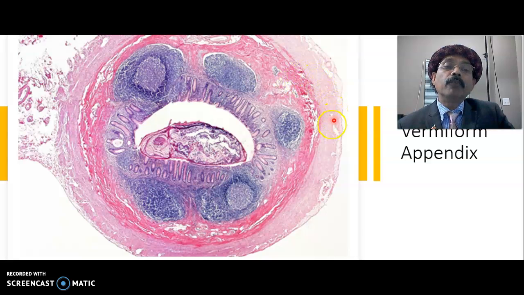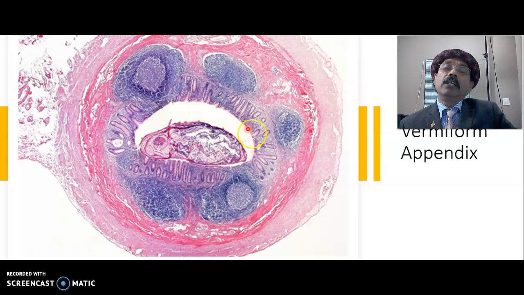We also have some adipose tissue in the submucosa. And also underneath the lining epithelium here we may have some adipose tissue. So this is the lumen of the Vermiform appendix. In life, it contains mucus because the secretion from the glands comes there.